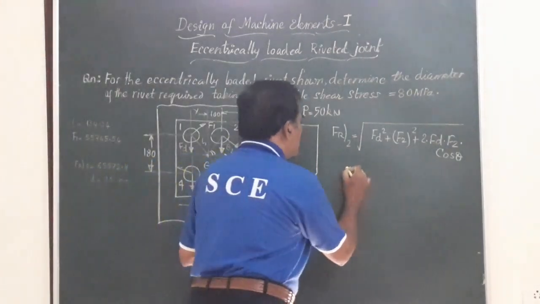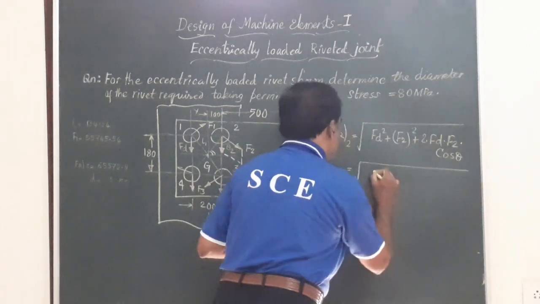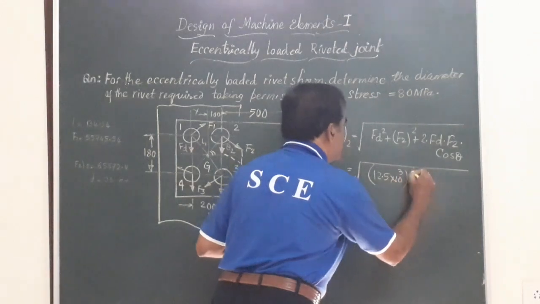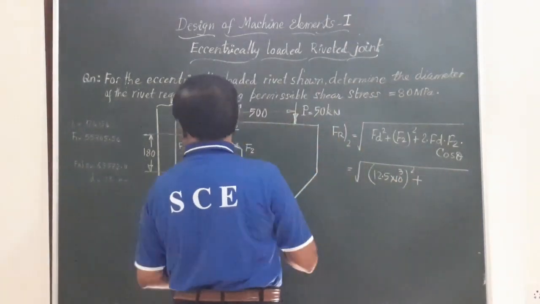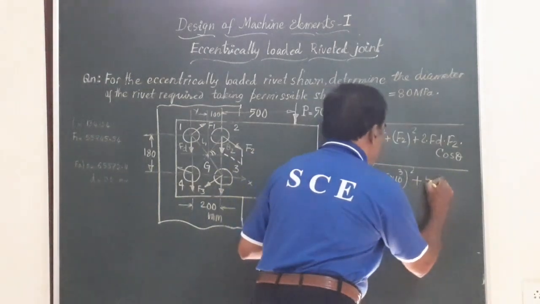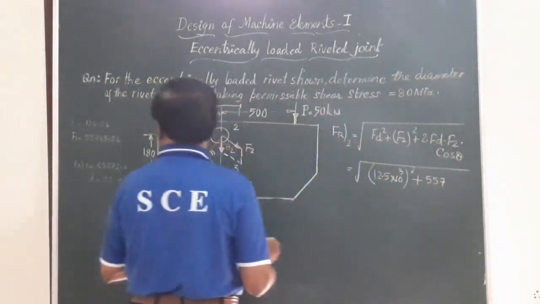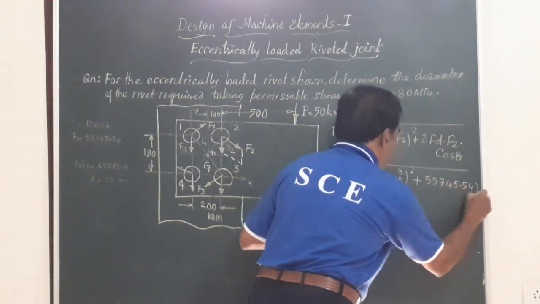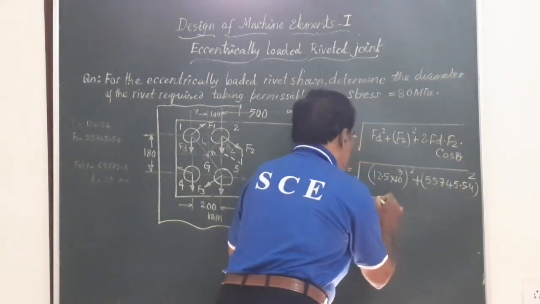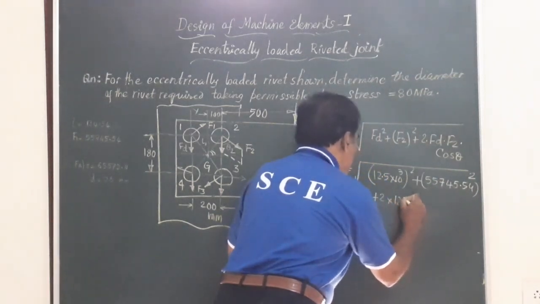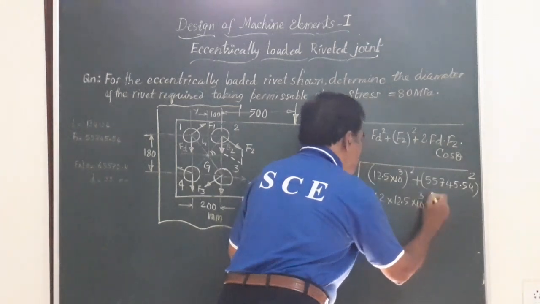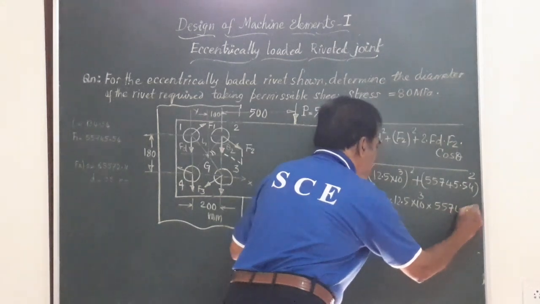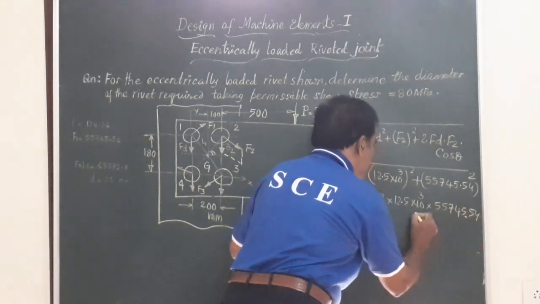So here FR2 is equal to the square root of 12.5 into 10 to the power of 3, the value of the direct load, squared, plus the secondary load, which is the same as that one, 55,745.54, squared, plus 2 times 12.5 into 10 to the power of 3 multiplied by 55,745.54 multiplied by cos theta.